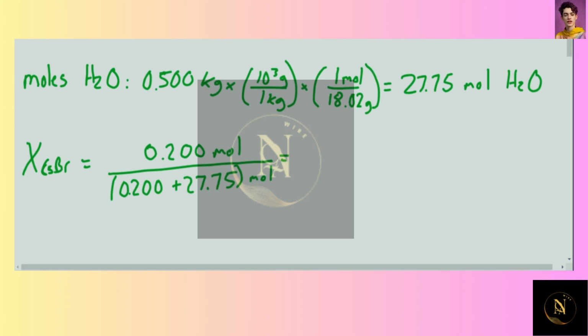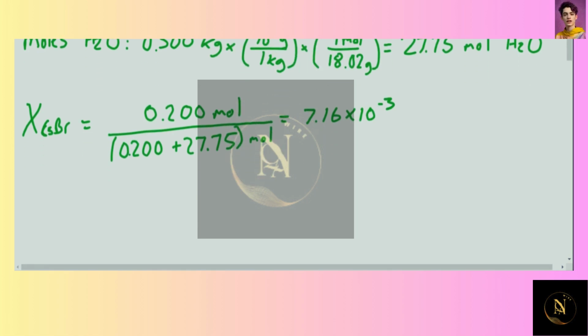And so when we do this calculation, we get a value of 7.16 times 10 to the negative 3. Unitless, of course, because of the cancellation of the mole unit.